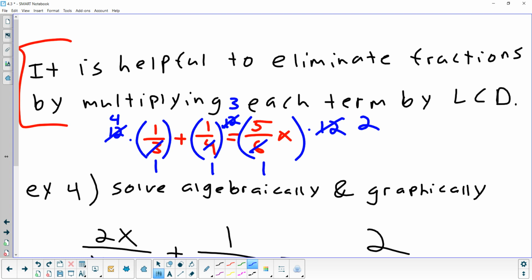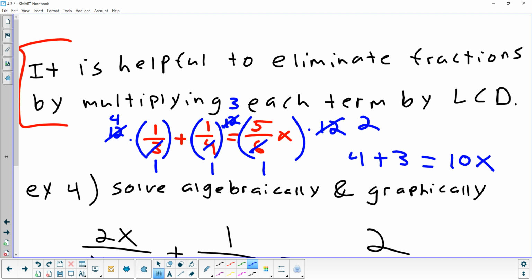Now the equation that you started with in red is now 4 times 1, and then 1 times 3 equals 5x times 2. Okay, I don't know about you, but that seems a lot easier to solve to me.